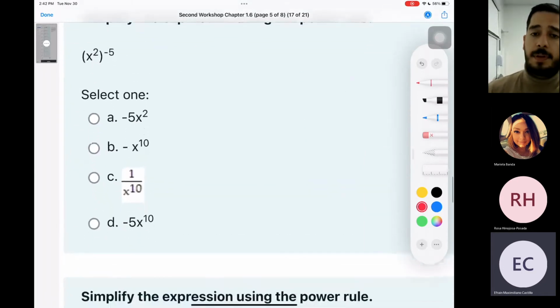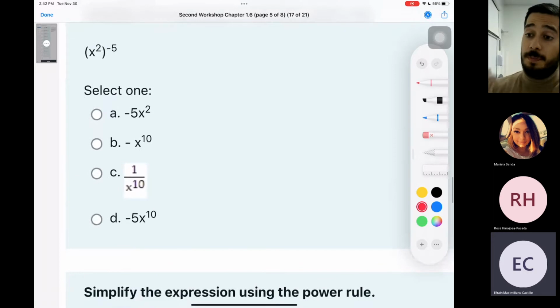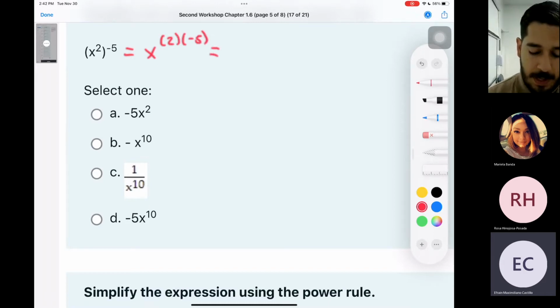Let's keep this one, something with a variable. So x to the power of 2 to the power of -5. If we are simplifying this, that means x to the power of multiply exponents. And that's going to be x to the power of 2 times -5, that's -10. And if it's asking to simplify the expression all the way until the end, then you cannot have negative exponents. We have a rule for negative exponents, which is get the reciprocal.